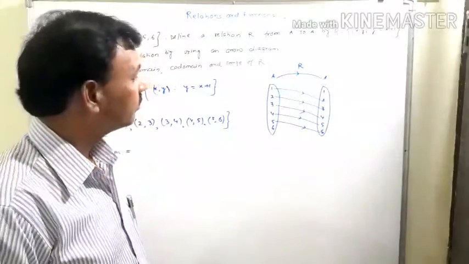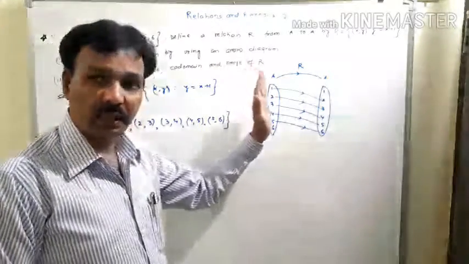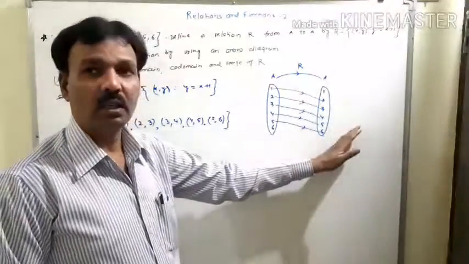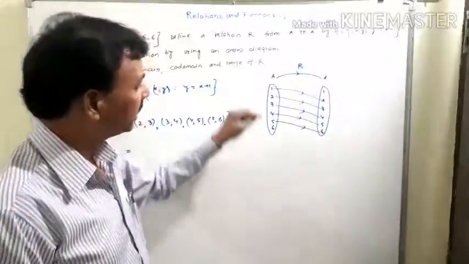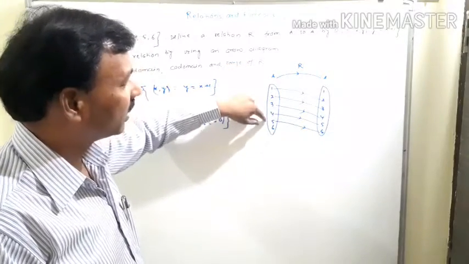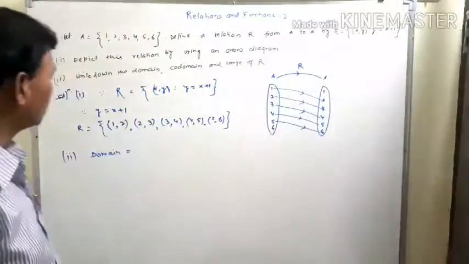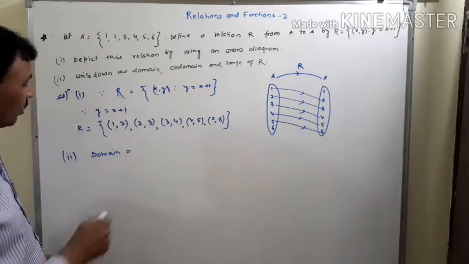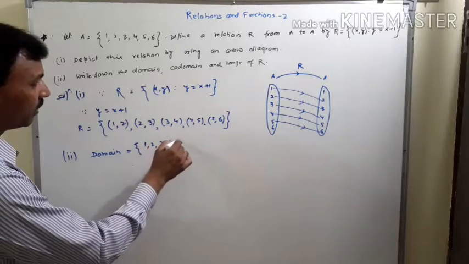Domain means all elements of set A which have an image in set B. That means you can say that 1, 2, 3, 4 and 5 are the domain of relation R. Or in other words, all first elements of each ordered pair are known as the domain. So the domain will be 1, 2, 3, 4, 5.